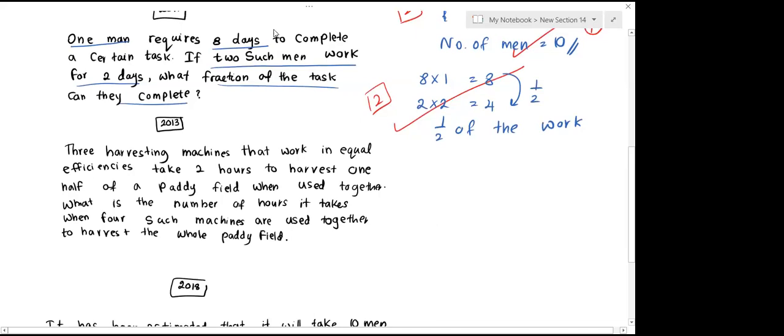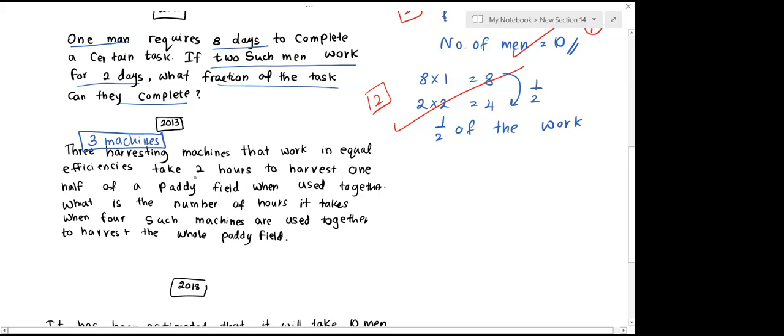2013. 3 harvesting machines that work in equal efficiencies take 2 hours to harvest 1/2 of a paddy field. 3 harvesting machines. That means there are 3 machines that work in equal efficiencies and take 2 hours to harvest 1/2 of a paddy field.